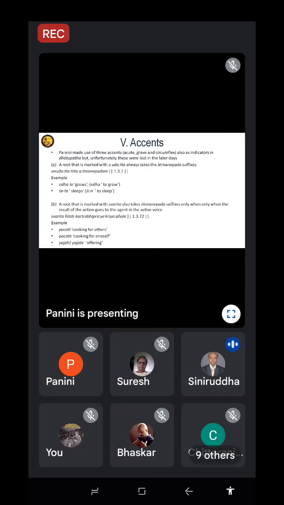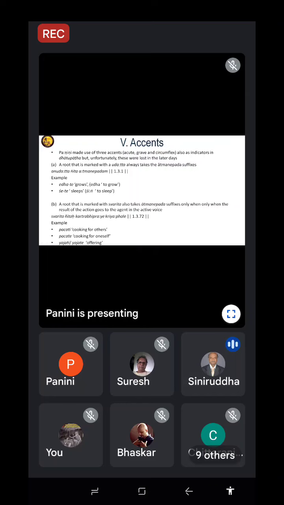These pacati and pacate, parasmaipada and ātmanepada, are also used to make some difference. Certain roots are totally ātmanepada, certain roots are only parasmaipada, but there are certain roots which are ubhayapada. Ubhayapada means they are used both in parasmaipada and ātmanepada.